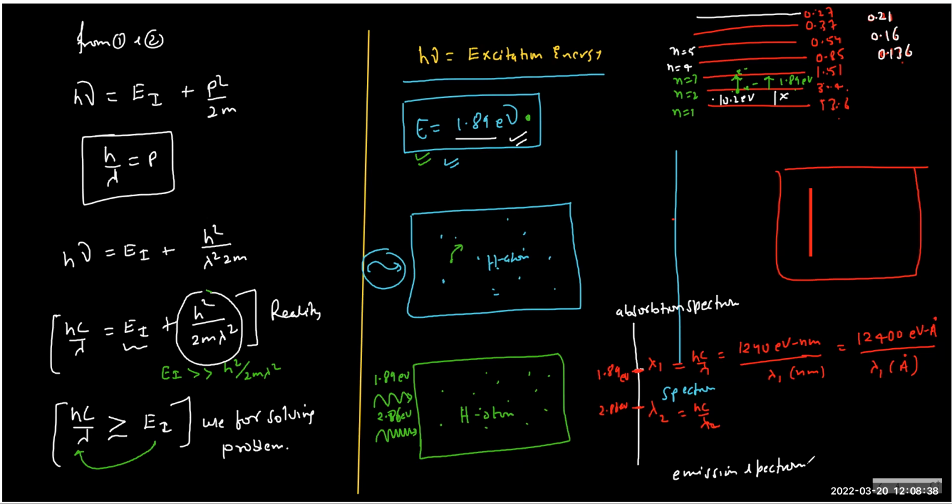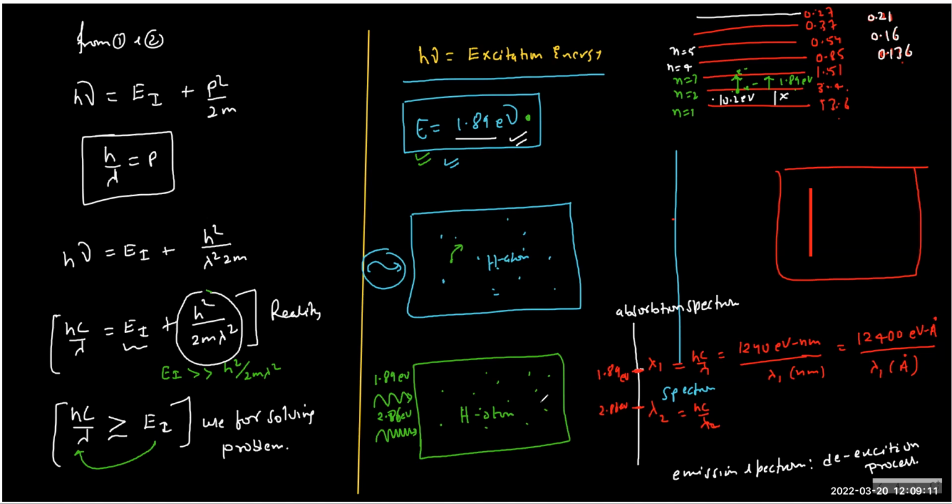So the emission spectrum is due to the transition back to the low energy state, and then the photons will be re-released into the system. So this is due to the de-excitation process of the electron. De-excitation. What we do in the de-excitation process.